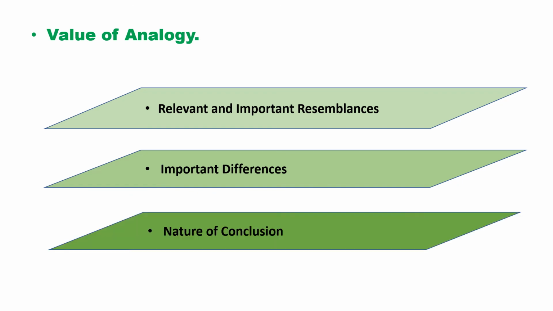And last is the nature of the conclusion. The conclusion should assert the minimum that is justified by the evidence. Let us understand this with an example. Resemblances between the Earth and Mars justify the inference that there are living beings on Mars. But these do not justify the conclusion that there are human beings on Mars.